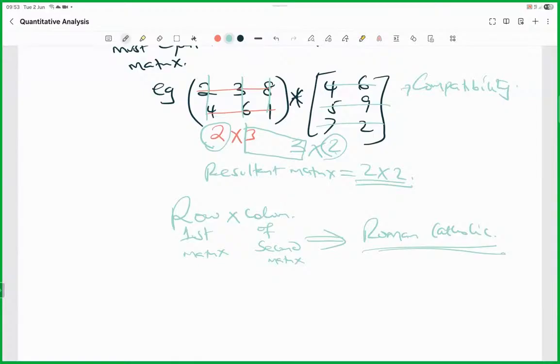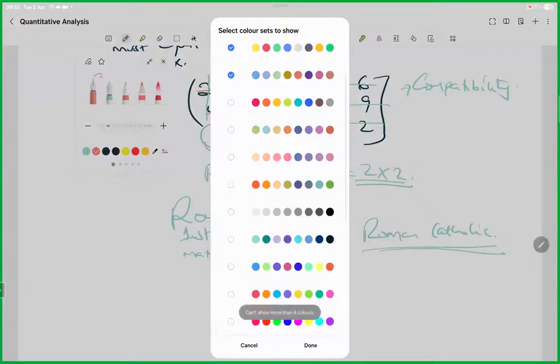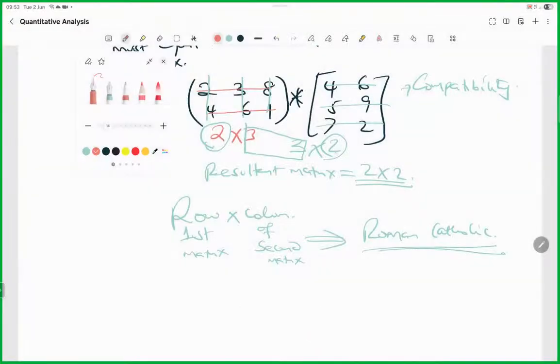Now, ladies and gentlemen, I would want us to run. So we have this 2, 3, 8. This is row 1. We happen to be having our first row.